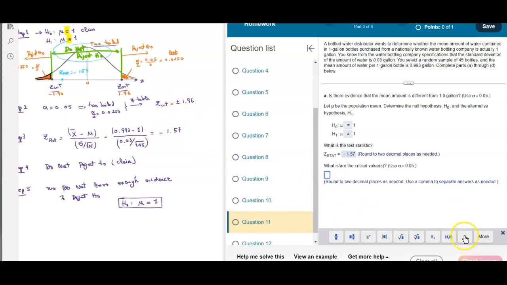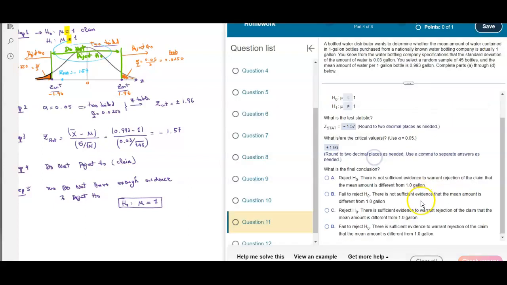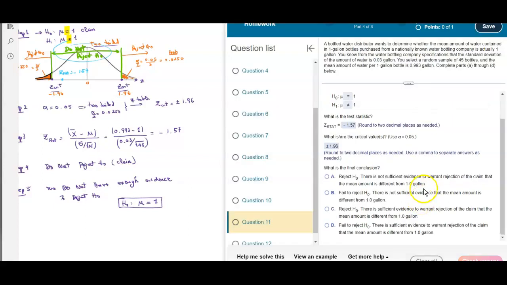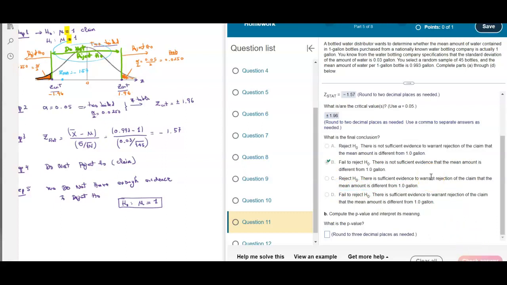So we can use plus or minus here, 1.96. Check it. Good. All right, so are we rejecting? No. Fail to reject? Yes. So you're going to be either B or D. As we said, do we have enough evidence? We don't. So D says there is sufficient evidence, and B says there is not sufficient evidence, so we're going to go with B.